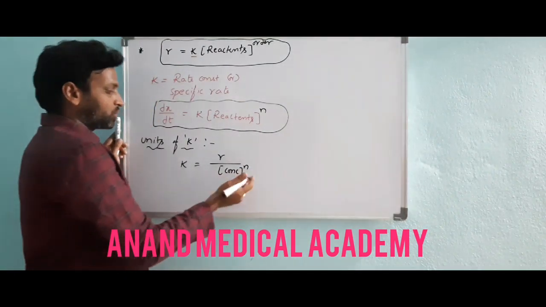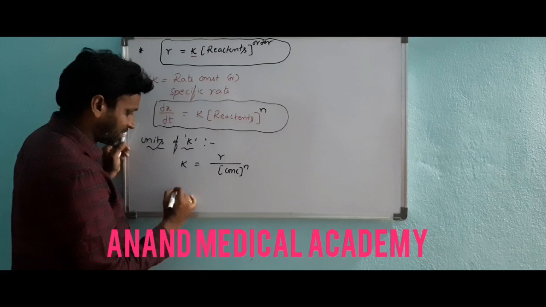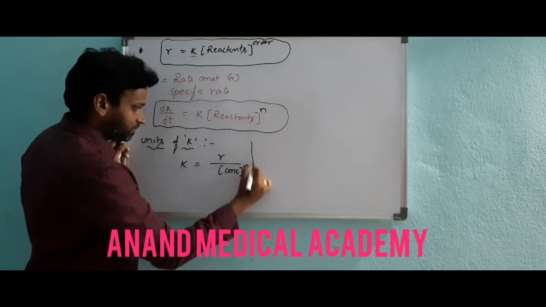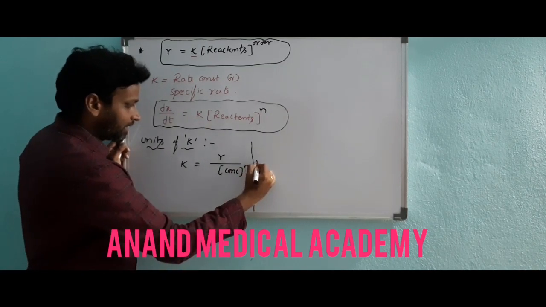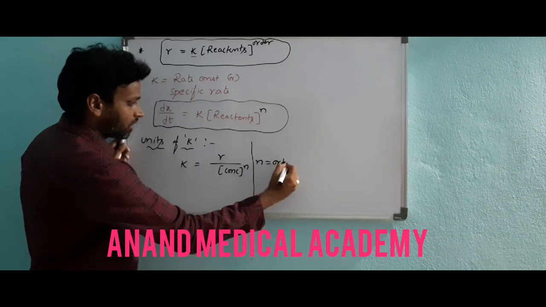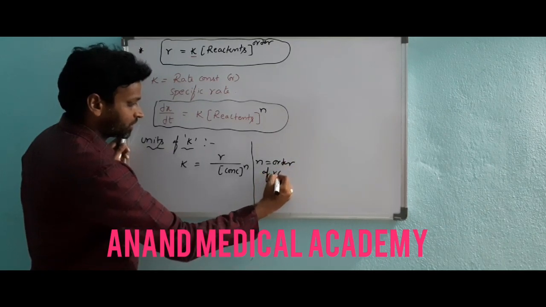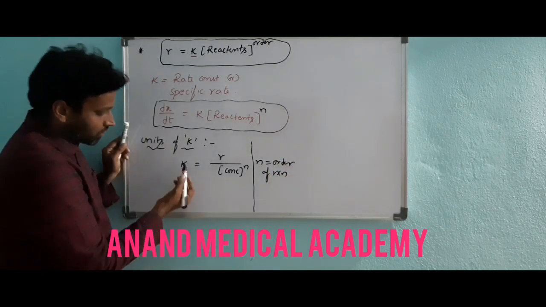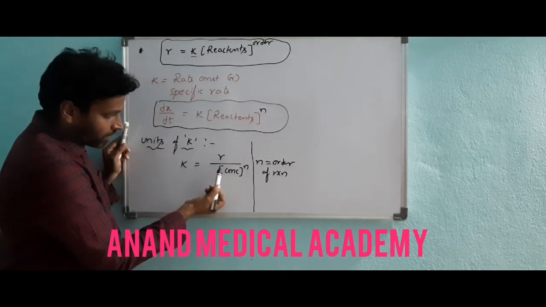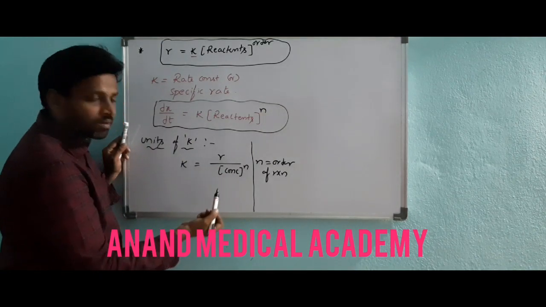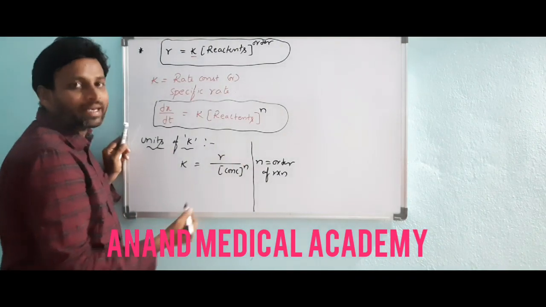N takes values of order of reaction, where N is the order of reaction here. Got it? So K is equal to R by concentration power N.